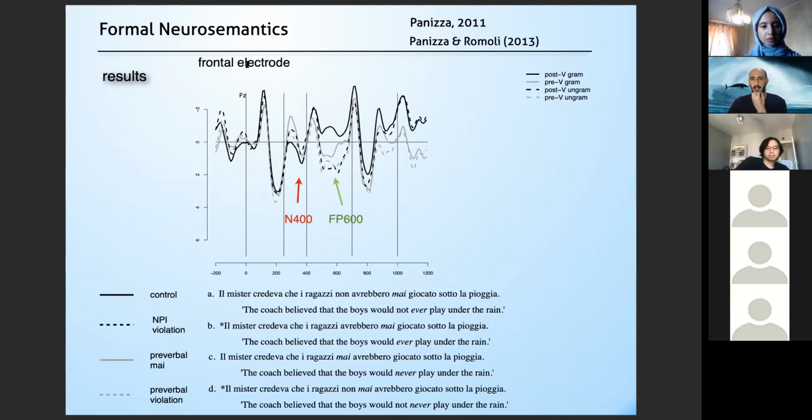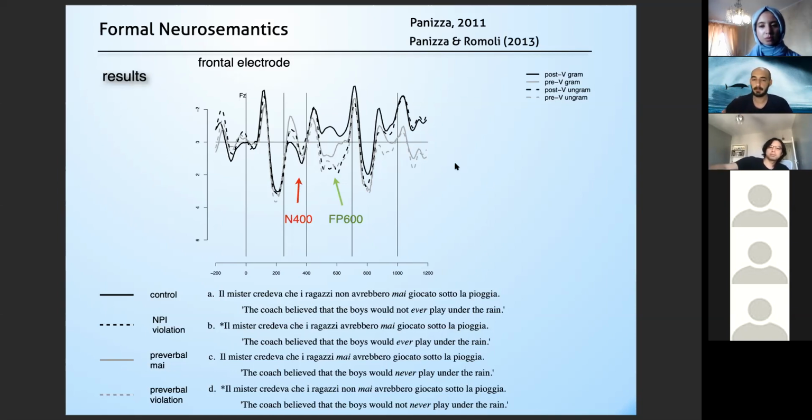In the frontal electrode, you can find, for instance, early negativities like LAN, ELAN, or frontal positivities, like the frontal P600, that, if you remember, was part of the broadly distributed P600 that Friederici found for the focus fronting sentence in German with a complex verb compared to the simple tense. So, syntactic complexity.